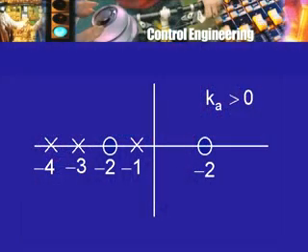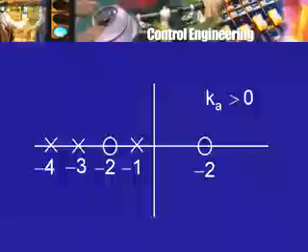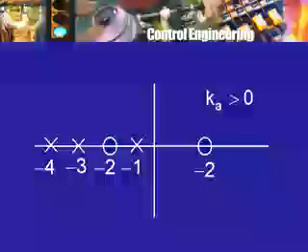Here are the various poles and zeros: one pole at minus 1, a zero at minus 2, a pole at minus 3, another pole at minus 4. So there are 3 poles, there are 2 zeros, and there is of course the gain K, which is positive. And what was the fraction GDHD divided by GNHN?